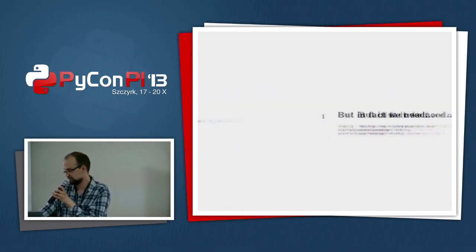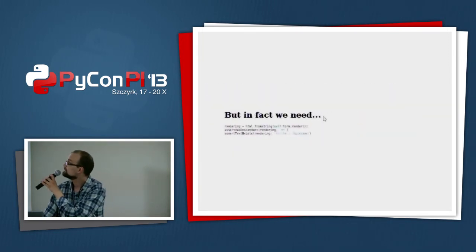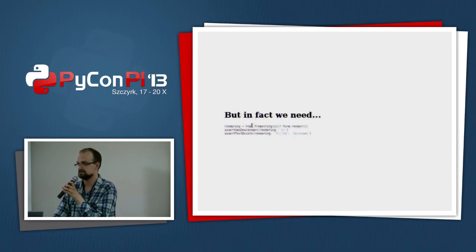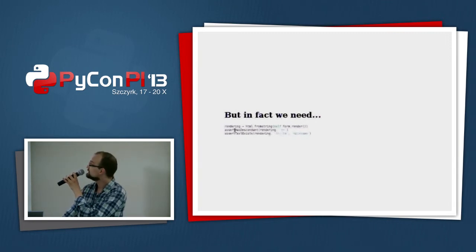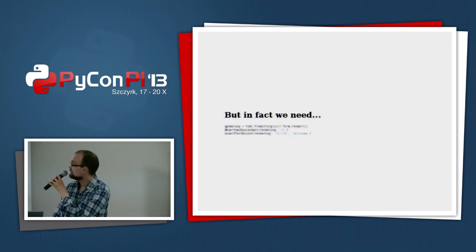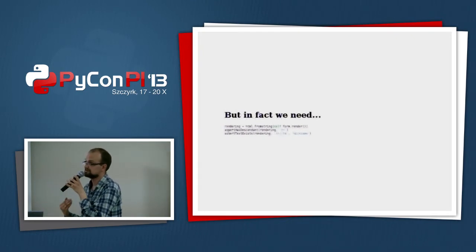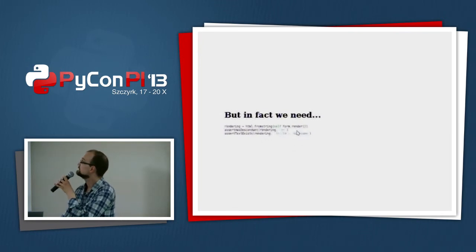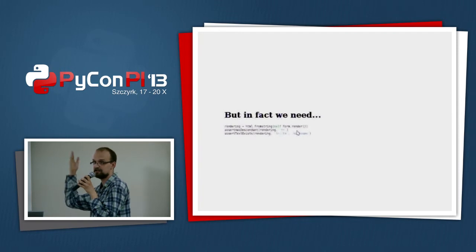In fact, we would need assertions like this. These assertions aren't implemented yet, I think, in any reusable library, but we should assert that there is some table row. We should assert that there is a table cell that contains the word nickname.